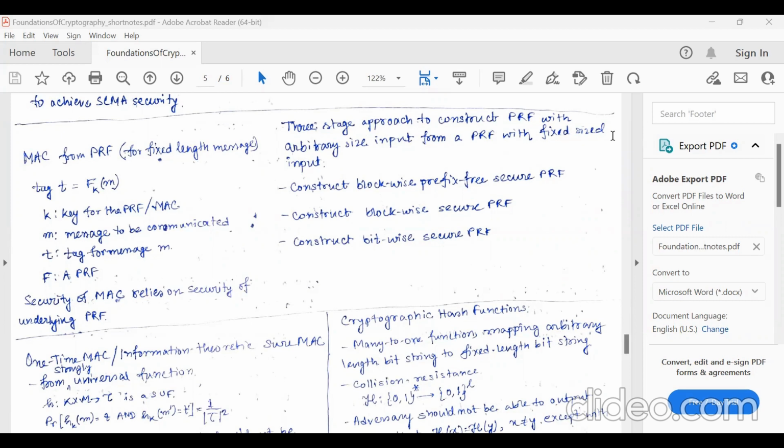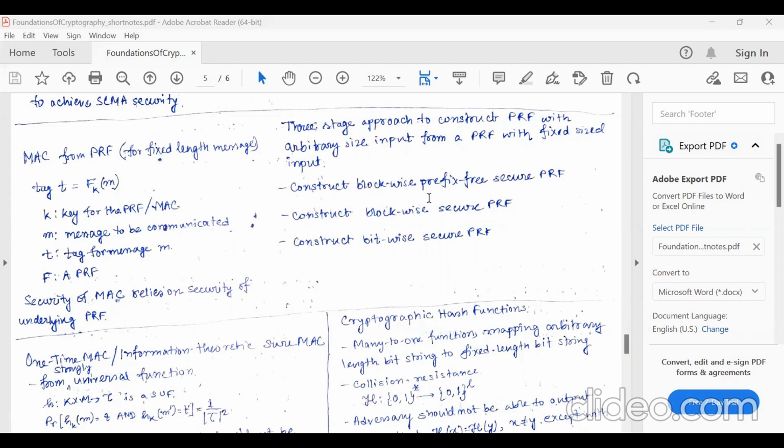So you first construct a blockwise prefix-free secure PRF, then you construct a blockwise secure PRF, so this prefix-free restriction will not be there anymore. So what is prefix-free? What do we mean by a blockwise secure prefix-free PRF? That is your PRF, where you are evaluating message blocks at a time.